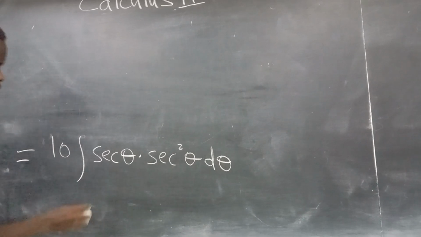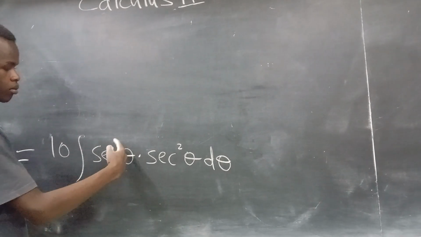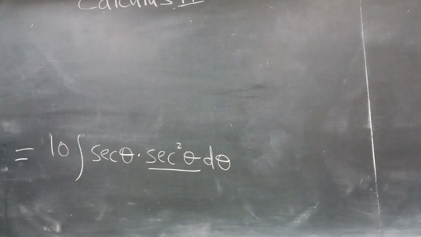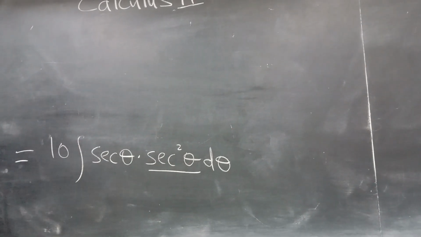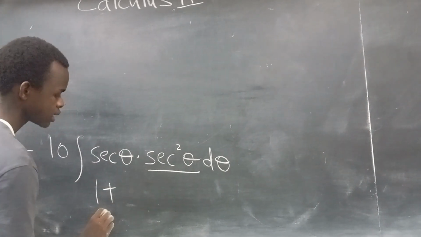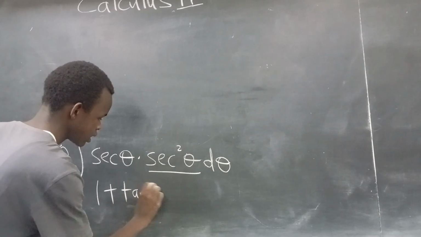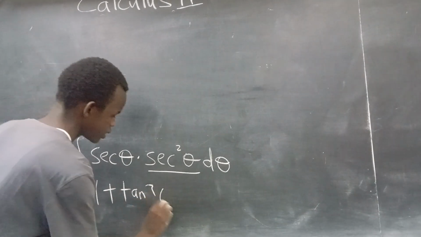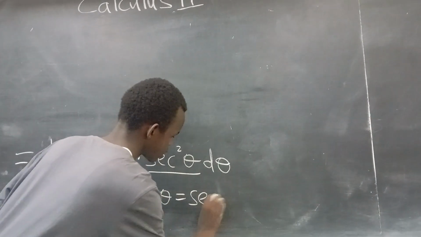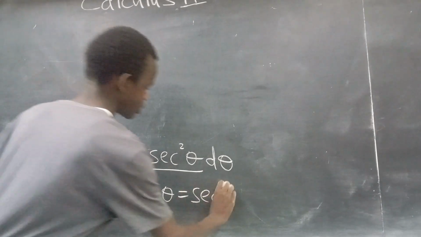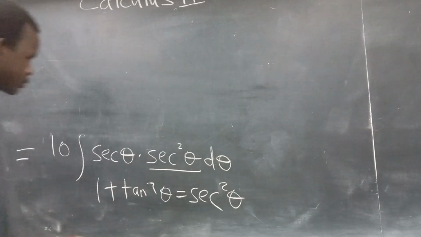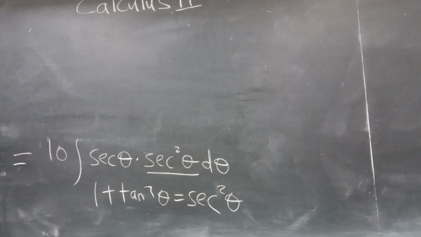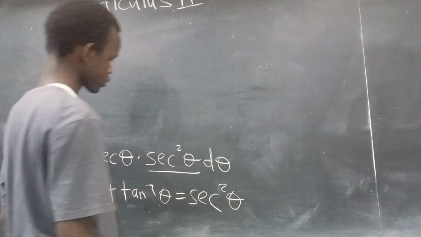So from here, as you can see, I won't multiply that. I'll just replace this part with the Pythagorean identity that says 1 plus tangent squared theta equals secant squared theta. Okay, I'll replace that. Sorry.